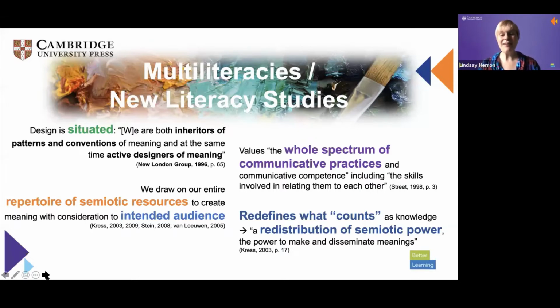And also in valuing this whole spectrum of communicative practices, we kind of redefine what counts as knowledge, what counts as learning. And that can lead to a redistribution of semiotic power, the power to make and disseminate meanings.